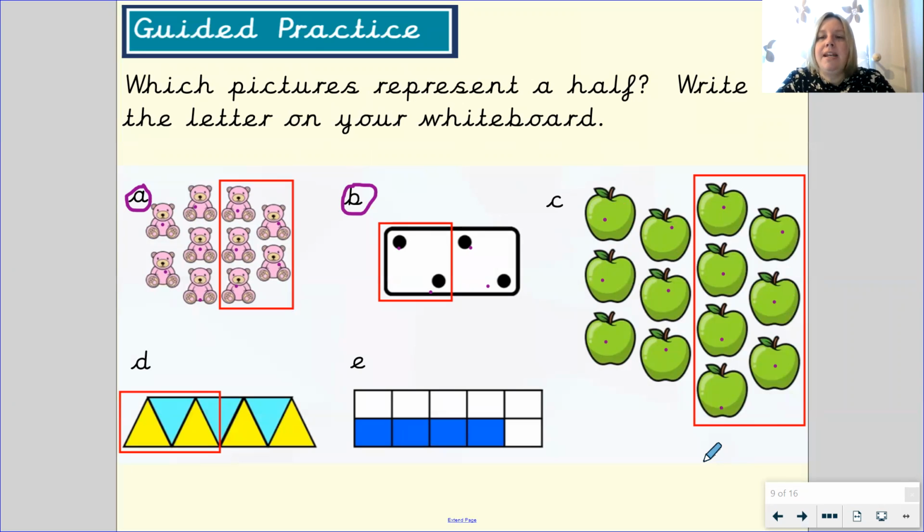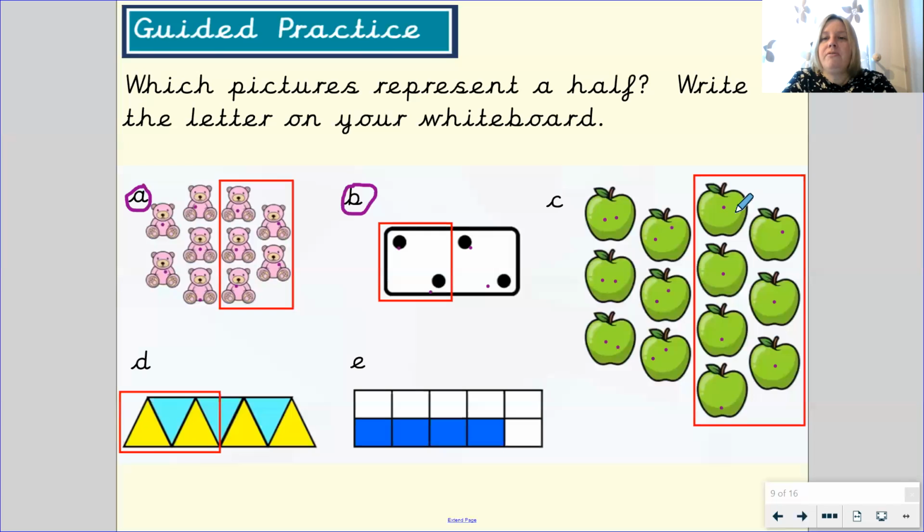Next job is to see if we have equal numbers in each group. So let's count how many apples are in each group. Count with me. 1, 2, 3, 4, 5, 6.